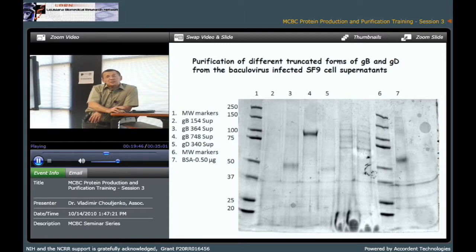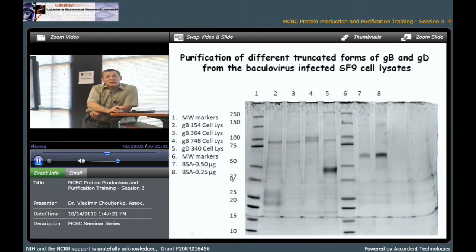And the best yield was detected for the largest size of the protein of GB truncation.